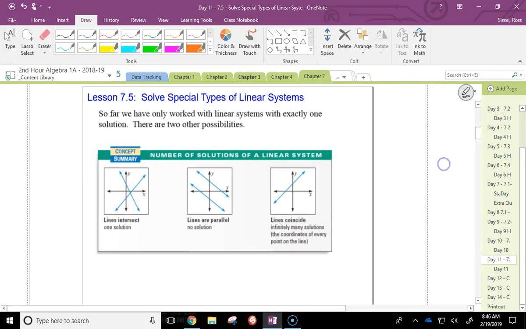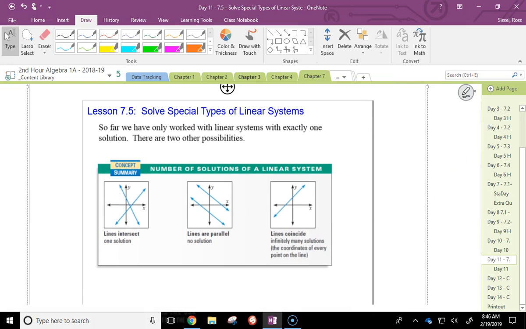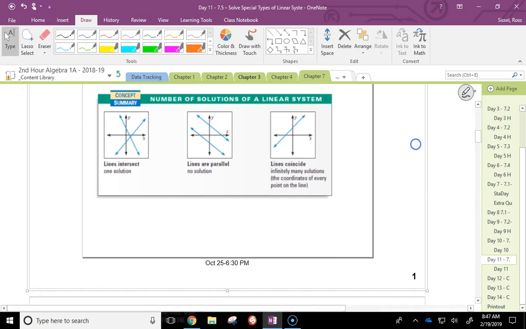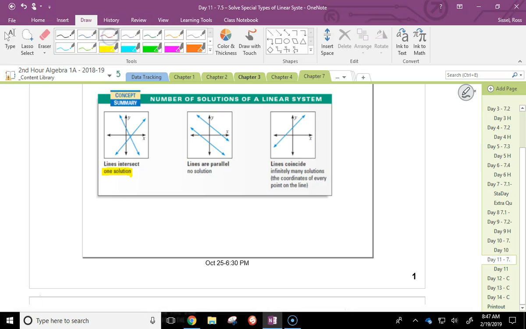So, if we look here, solve special types of linear systems. So far, we've worked with linear systems with exactly one solution. There are two other possibilities. So the one solution is when there's two lines that cross, and it gives us one answer.